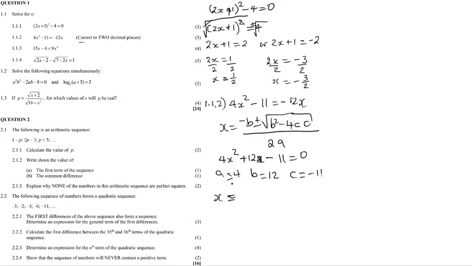Now the value of x is going to be negative b, so it's negative 12, plus the root of 12 squared minus 4 into the a, which is 4, into c, and our c is negative 11.